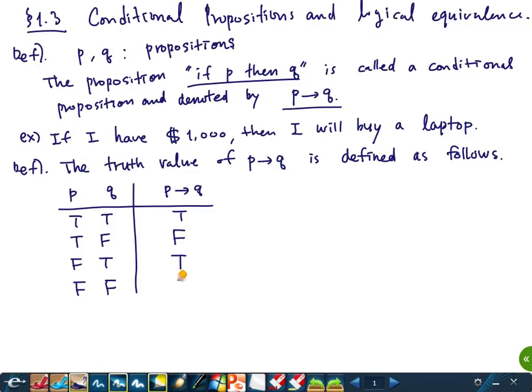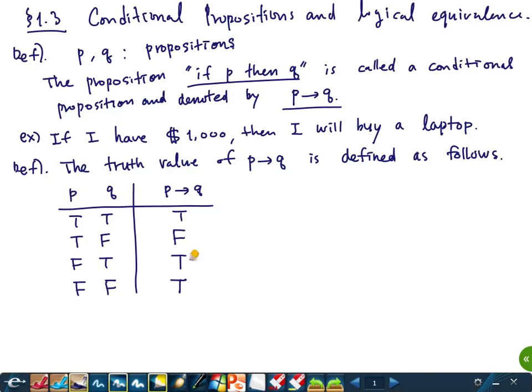You can define this either true or false, it's your choice, but we want this to be reasonable, in the sense that it is analogous to how we use this kind of sentence. Do you think this is true or false? Let's vote. How many of you think this should be defined to be true? And how many of you think this should be defined to be false? No one? Okay, let's define this to be true then.